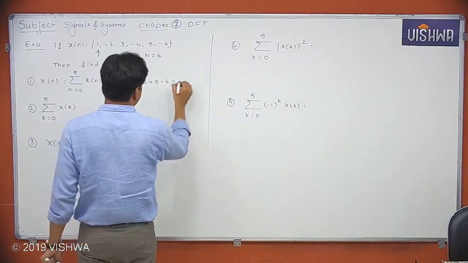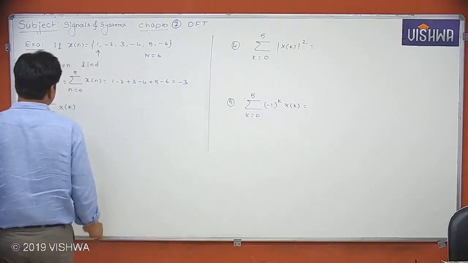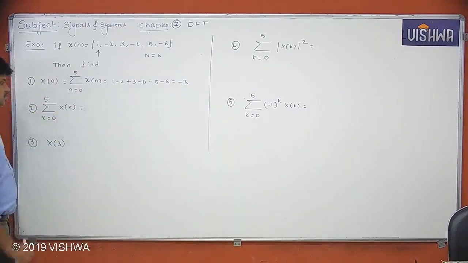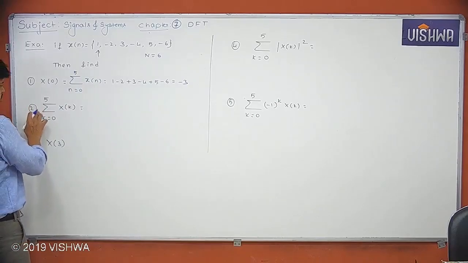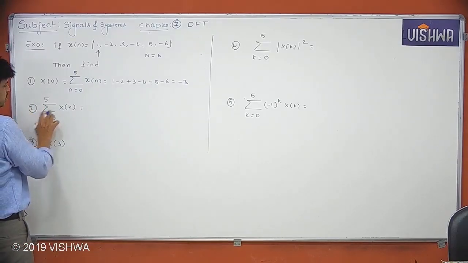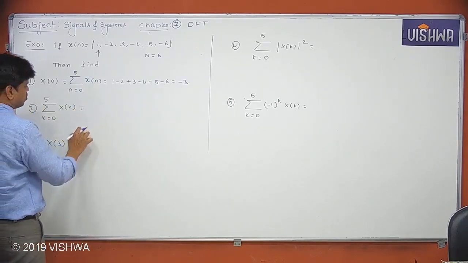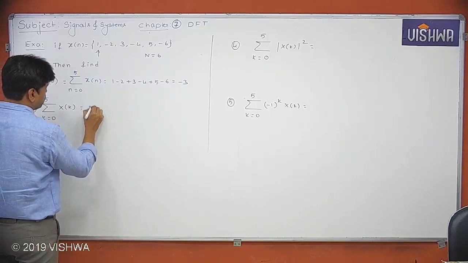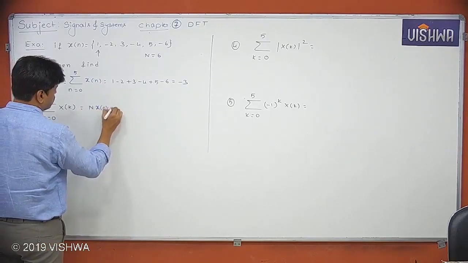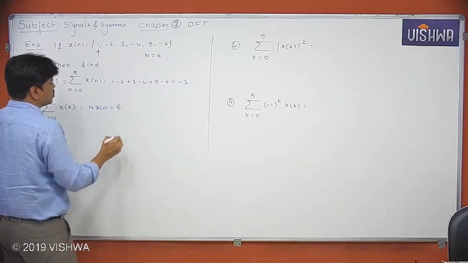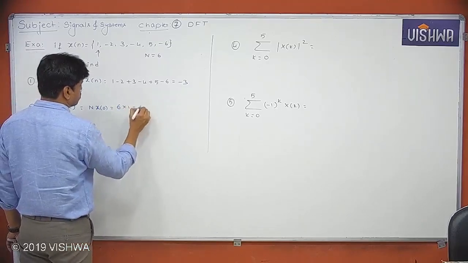The answer is minus 3. Next, to get the summation of X of k: if 1 by N were there, it would be small x of 0, but it is not there, so it is nothing but N times x of 0. N value is 6, and x of 0 is 1, so that is going to be 6.